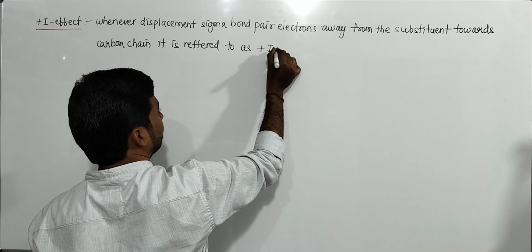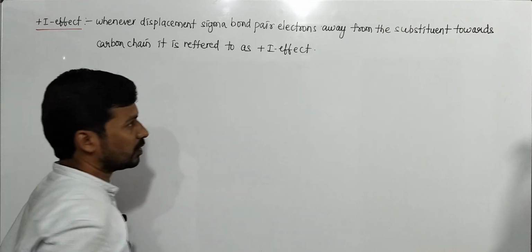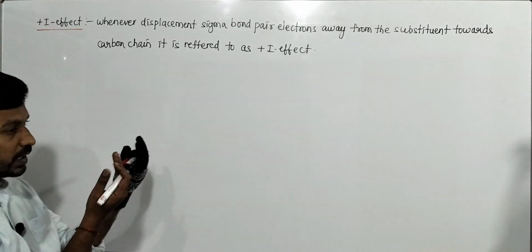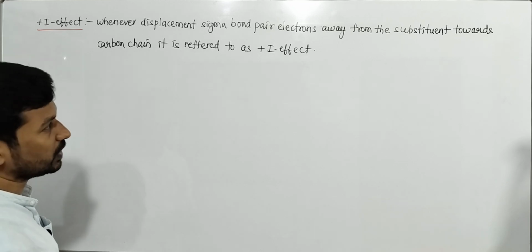Plus I effect. Away from the substituent towards the carbon chain. That means your carbon chain is getting electrons, so plus I effect.